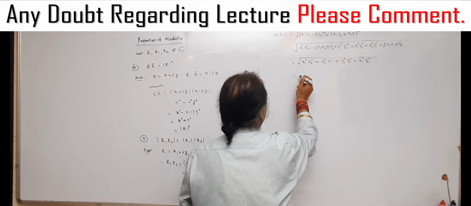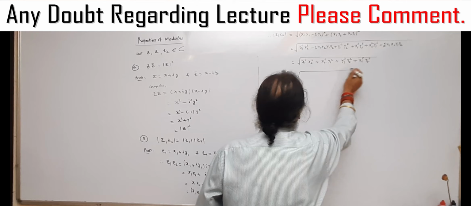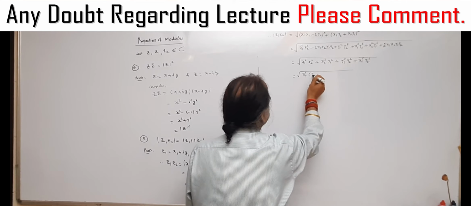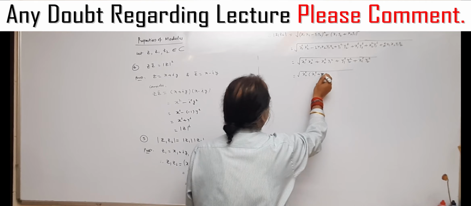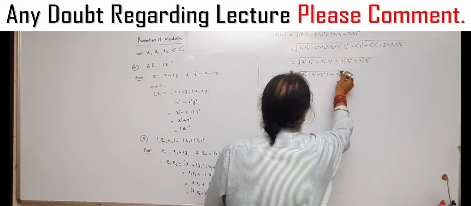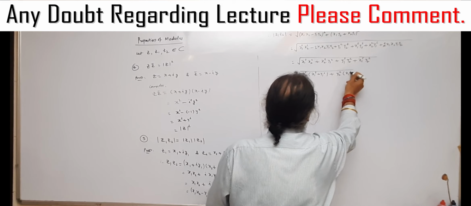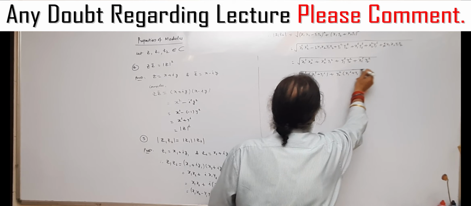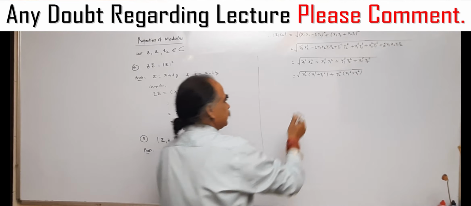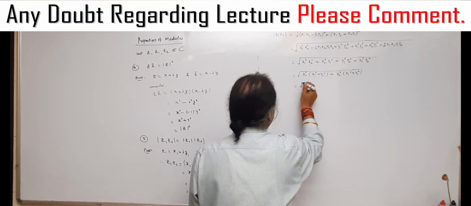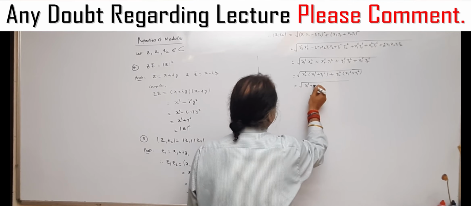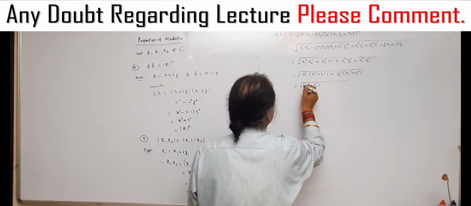Now we can write, we'll take x2 square common. So in bracket x1 square plus y1 square, plus y2 square common. Again you will get x1 square plus y1 square. Now take x1 square plus y1 square common.